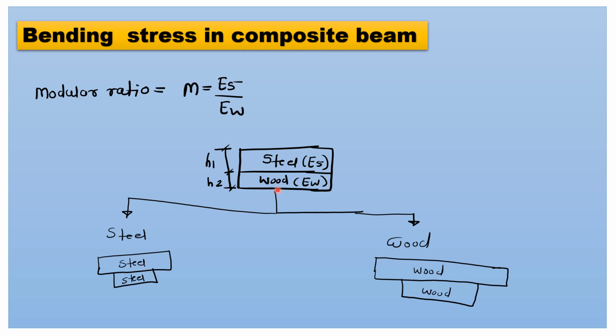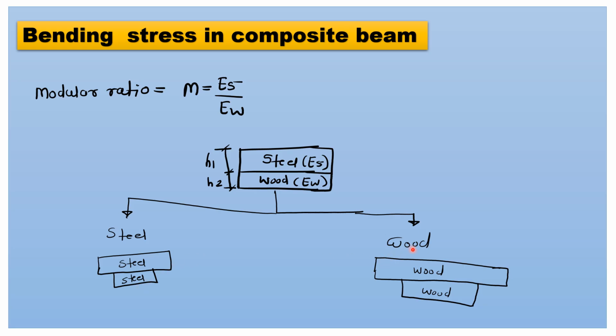If we compare wood with steel, wood requires more area to resist any kind of load, and as compared to wood, steel requires less area because steel is stronger than wood. So here steel is taken with a reduction of width. Here we convert the weak material to the stronger material, so the area of that strong material will be m times its original area.